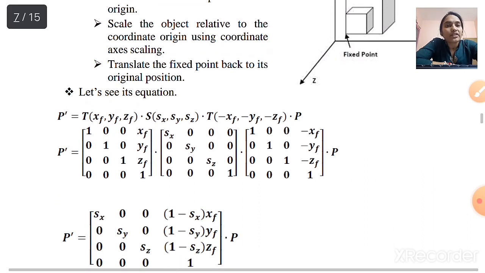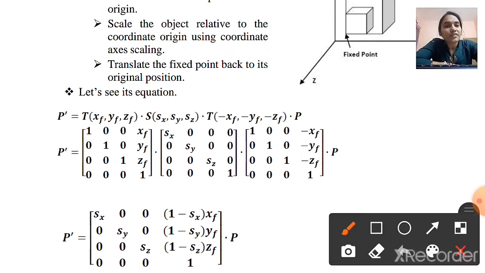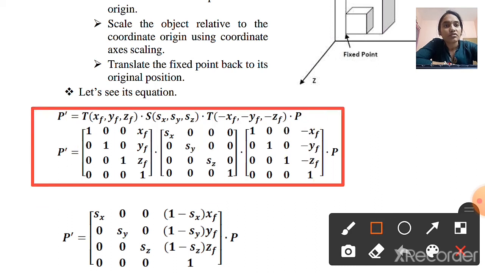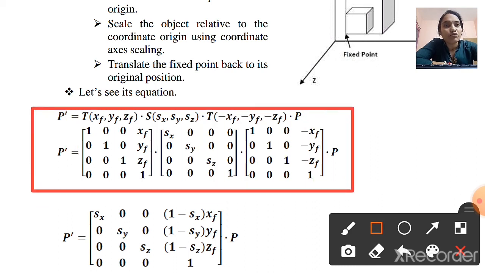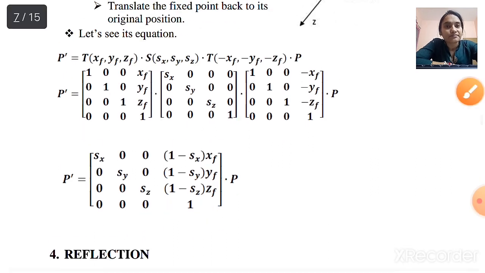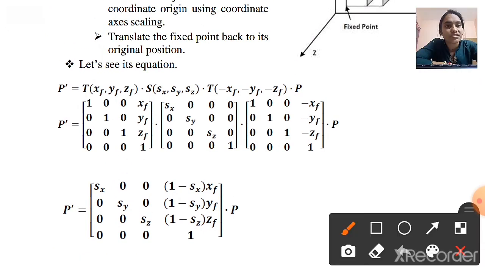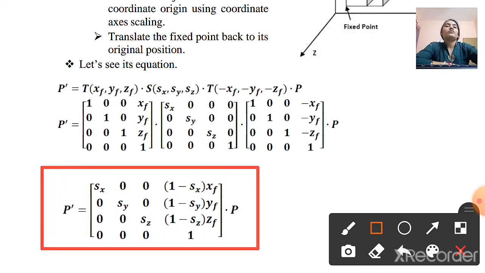After that the P dash matrix is this one. This one is the formula form and this one is the matrix form. After multiplying these three matrices, we can find this matrix.